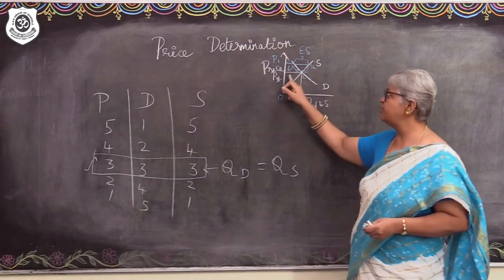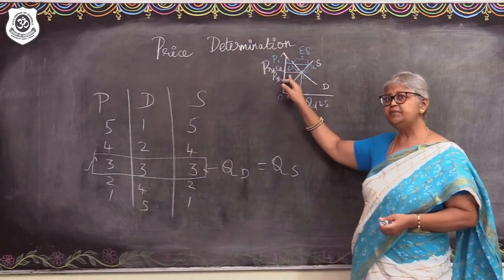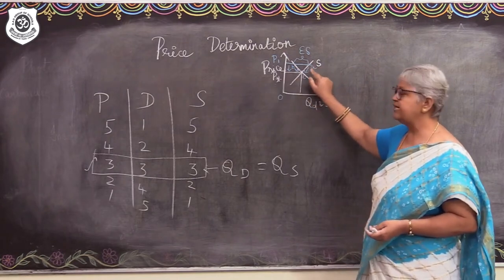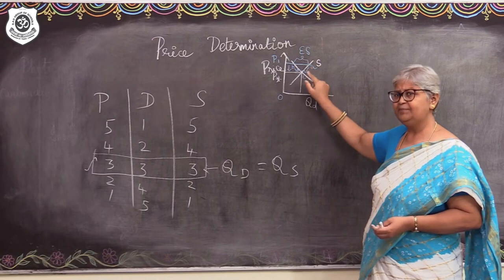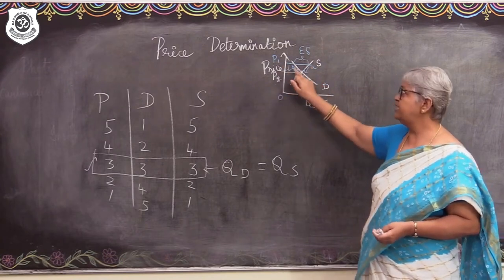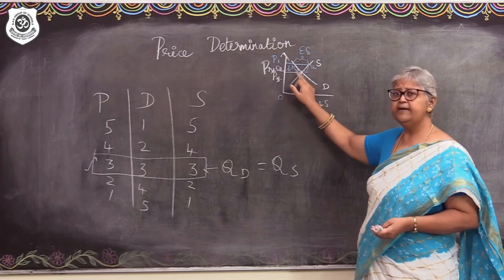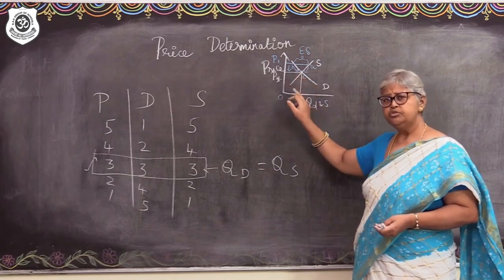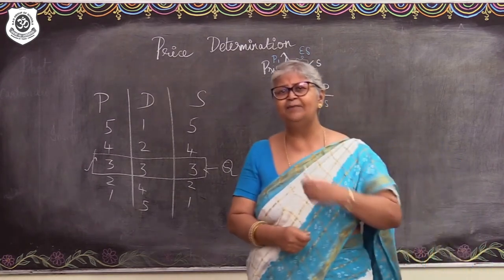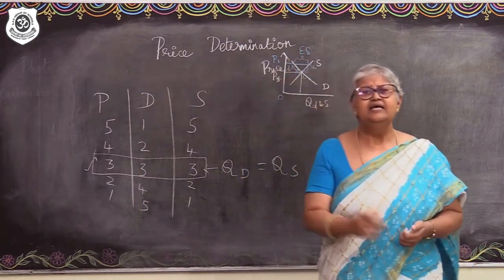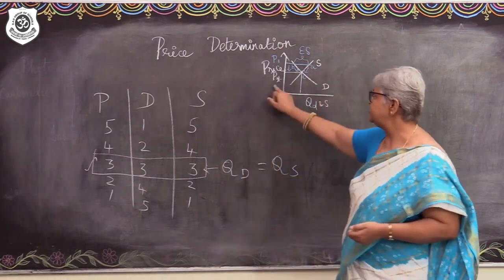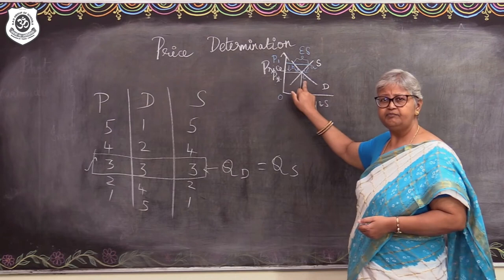So when the price is going to go down, as per the law of supply, there is going to be a contraction along the supply curve, and when the price falls, there would be an extension along the demand curve. So this kind of automatic adjustment will happen in the market, and the market price will come back to P star. You see this point E?